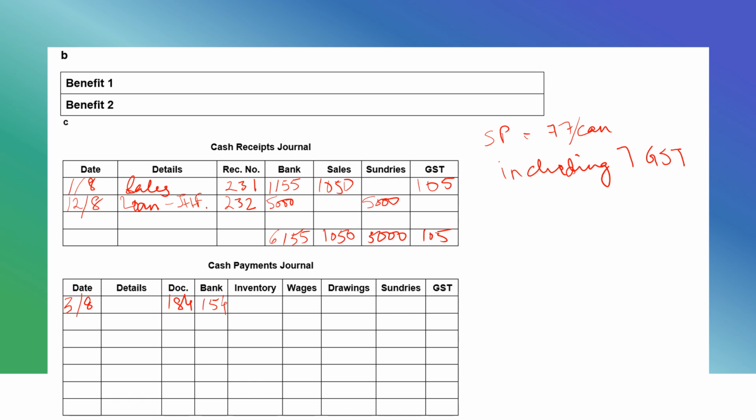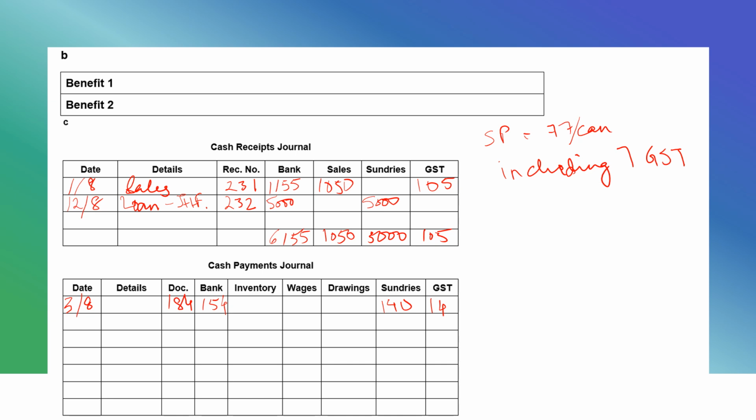Bank, you had this amount as 140 plus 14 GST. So together the total is going out of your books, and you've got sundries 140, GST 14. Because it's not for wages or drawings, and definitely not for inventory.